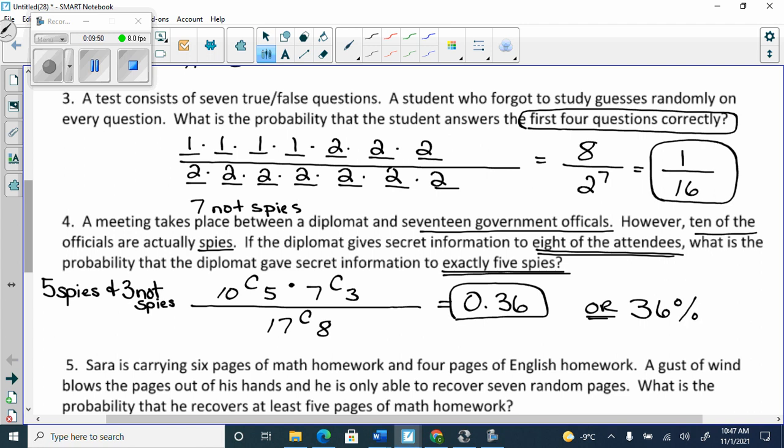If it just says, what's the probability to the nearest hundredth? You'd give 0.36, because there's no word percent in that. If I said probability to the nearest percent, you have to take your answer times 100 and give the percent. They can ask it either way. You have to read. Okay?